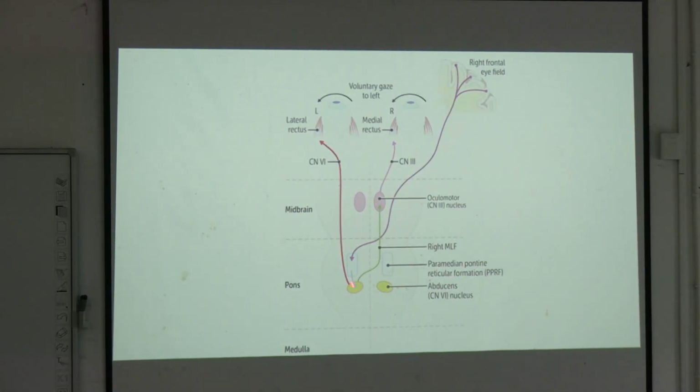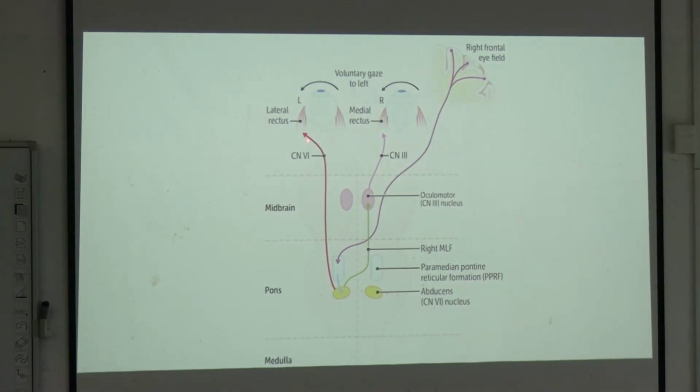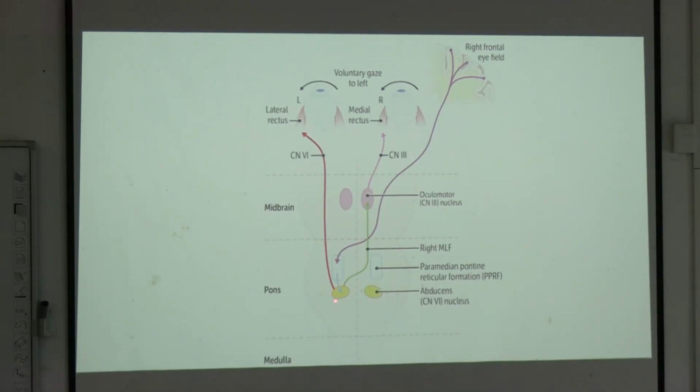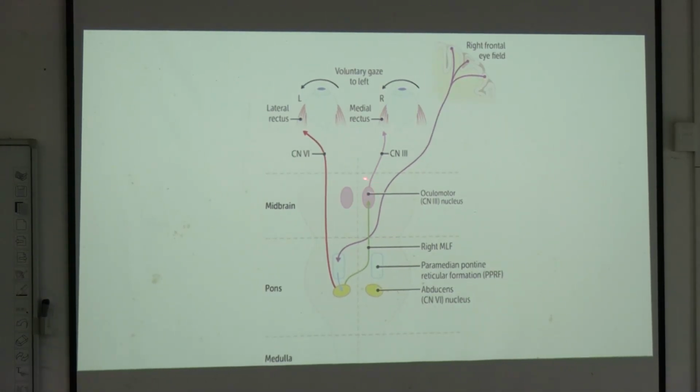Okay, the sixth cranial nerve goes to the sixth cranial nuclei, and from the nuclei the sixth cranial nerve goes to the lateral rectus. This sixth cranial nerve nucleus is connected through the right medial longitudinal fasciculus to the opposite oculomotor nucleus, or third cranial nerve nucleus, and this third cranial nerve is again connected to the medial rectus.